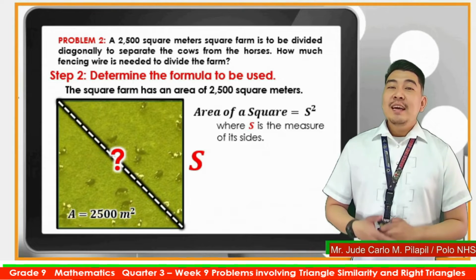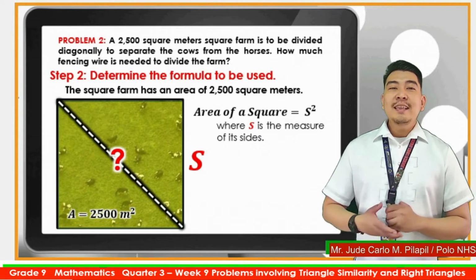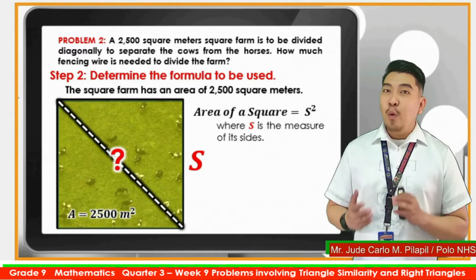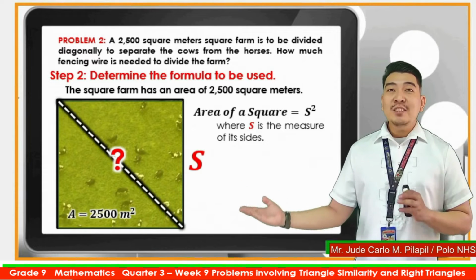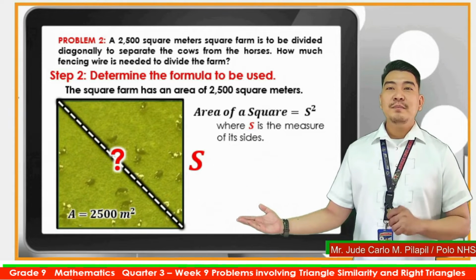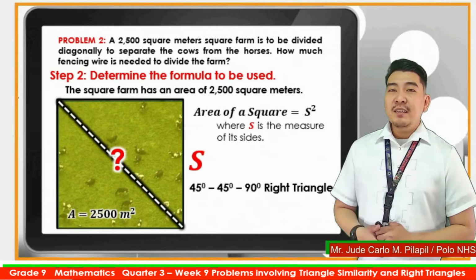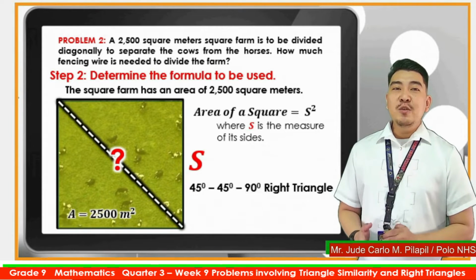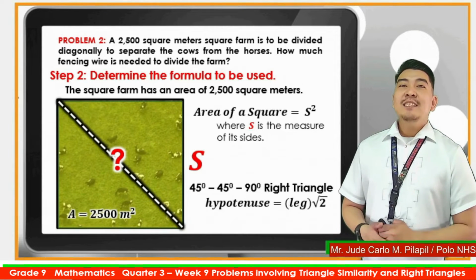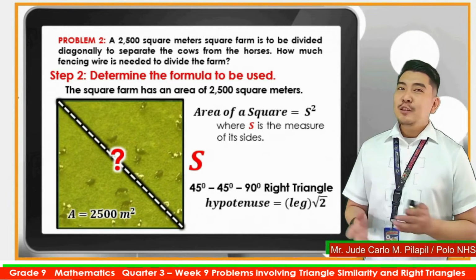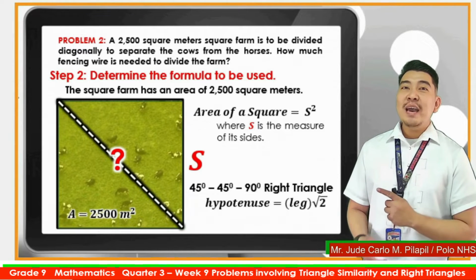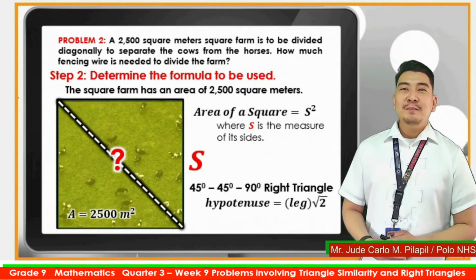After solving the side of the square, it can now be considered as one of the legs of our isosceles right triangle. Hence, we can use the formula in getting the hypotenuse, which is equal to the length of the leg times the square root of 2. So that is for a 45-45-90 right triangle.